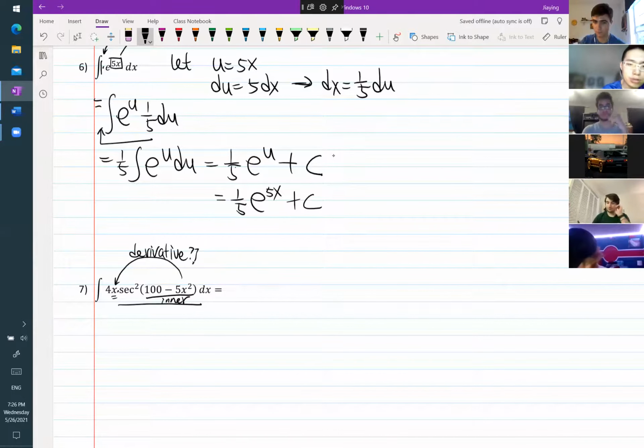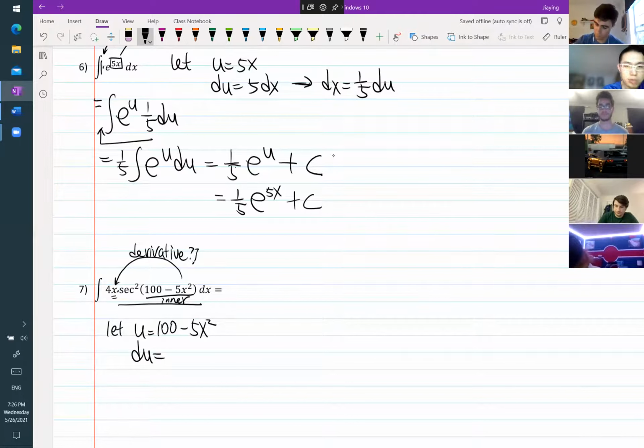So I'm going to let u equal the inner function, 100 minus 5x squared, and du, when we take the derivative of 100, we get 0, but the negative 5 stays. The x squared gives me 2 times x, and then dx.